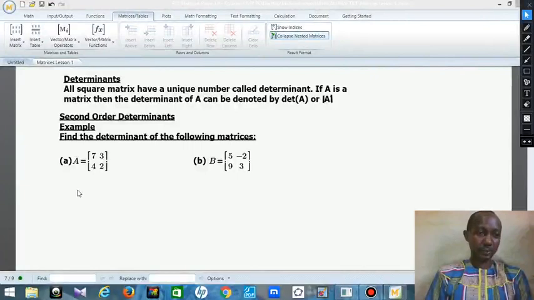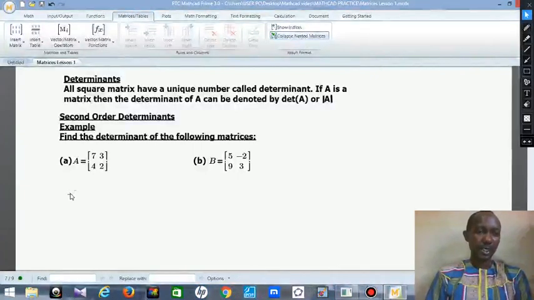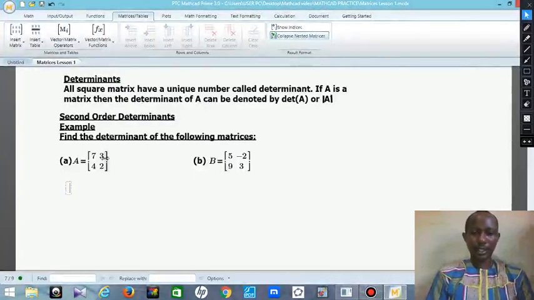It's very simple. All you need to do is you start by just writing the notation. Let's use the DET notation. So if you write DET, put it in brackets, capital A, then it should be equals to. So how do we evaluate?